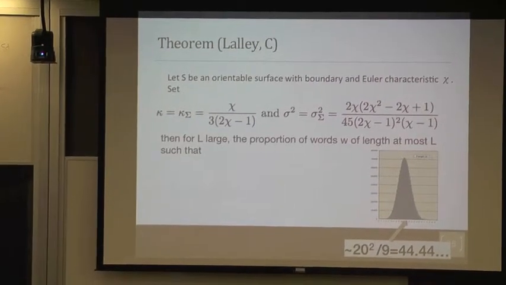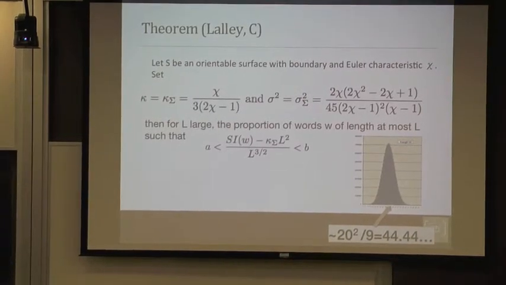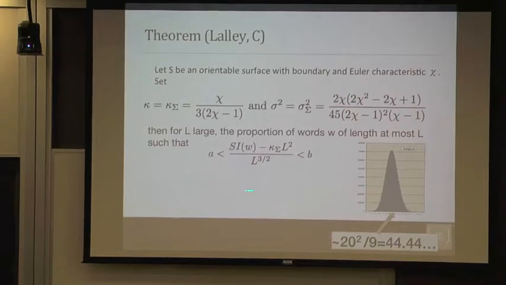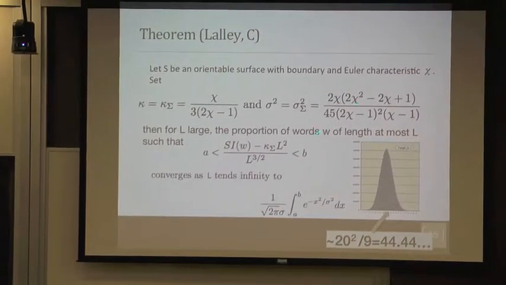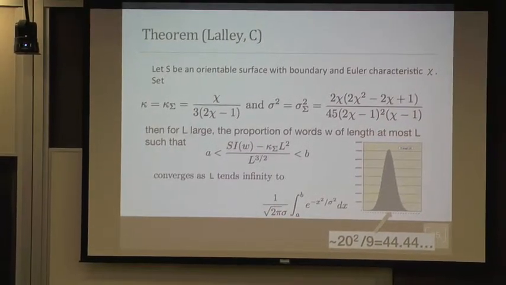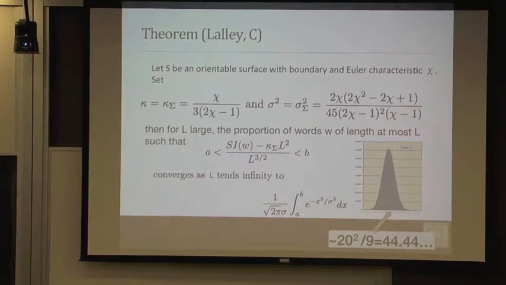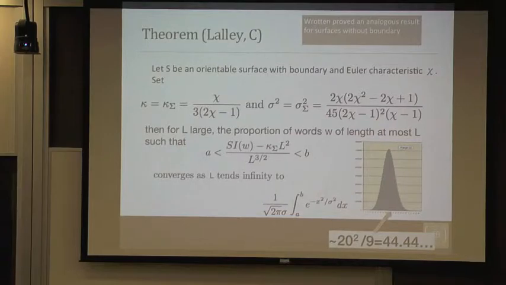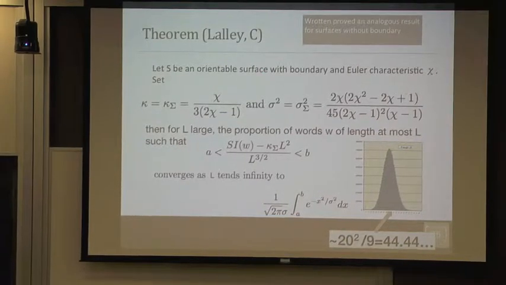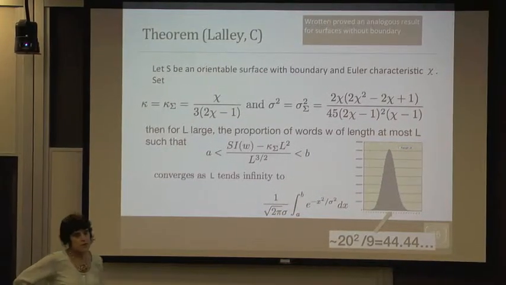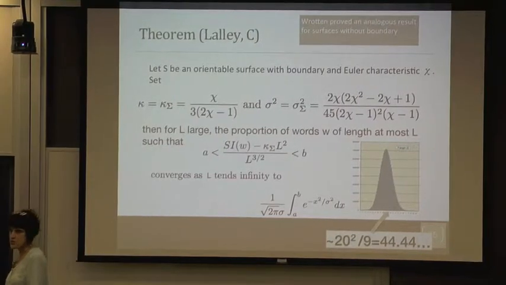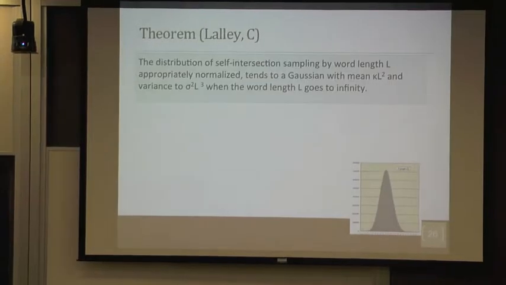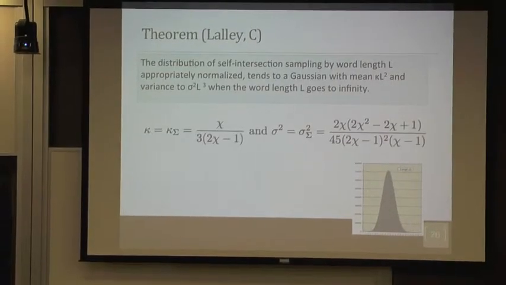So when L is large, this is saying that if I appropriately normalize this distribution, when L is very large, it gets closer and closer to a Gaussian. Okay, and recently, a student I have jointly with Dennis Sullivan proved an analogous result for closed surfaces. So, just a cute fact about this.